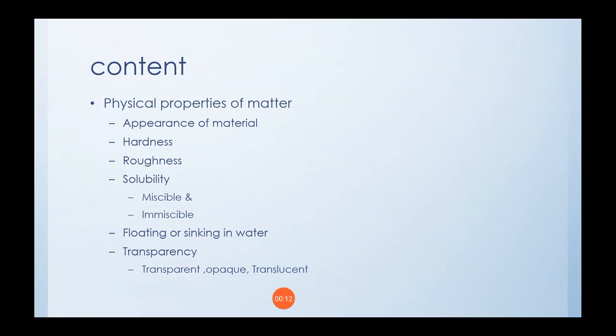Before moving to today's class, I want to give a short recall about the earlier class. In the earlier class, we saw the types of materials, what type of material is used to manufacture an object, and whether the material is natural or artificial.